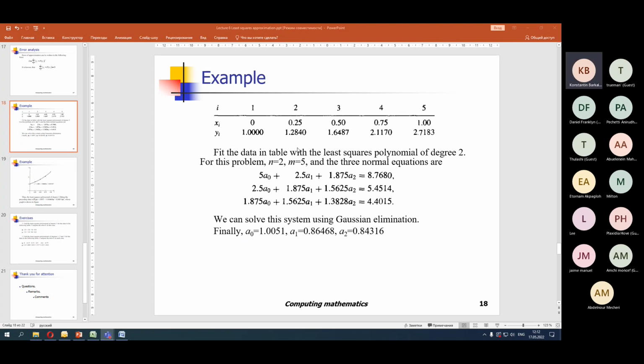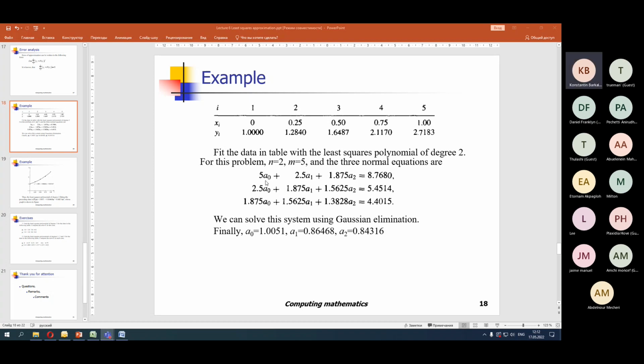And to apply this approach, we should compute the sum of x's, the sum of x squares, the sum of y's, the sum of x times y, the sum of x squared times y, and we can build this system of equations. We will have 3 equations and 3 unknowns. The unknowns are a0, a1, a2, the coefficients of the polynomial.